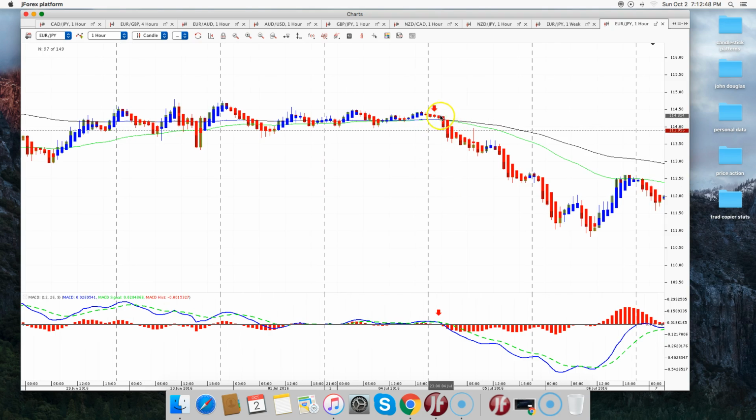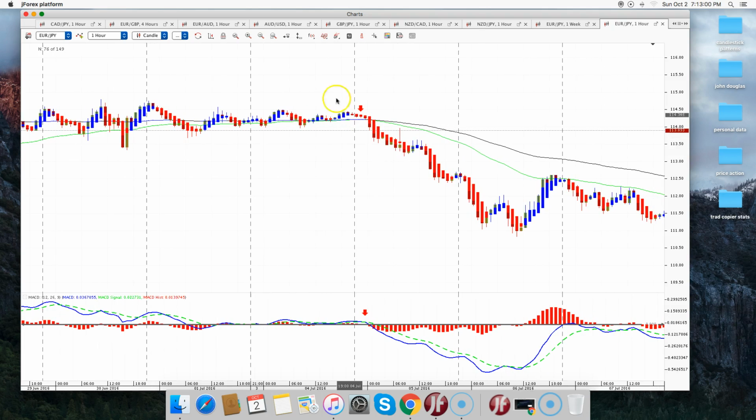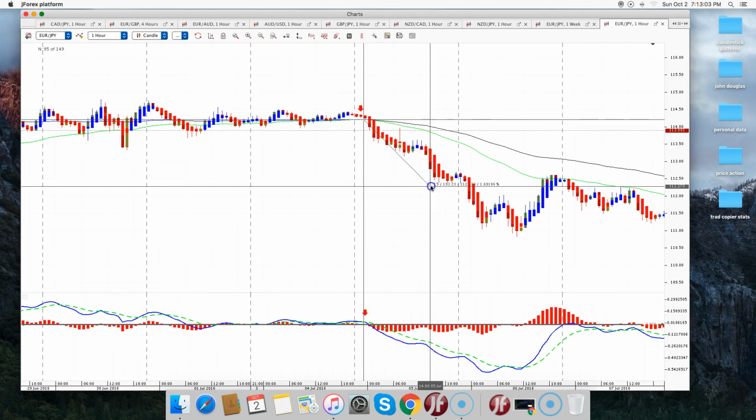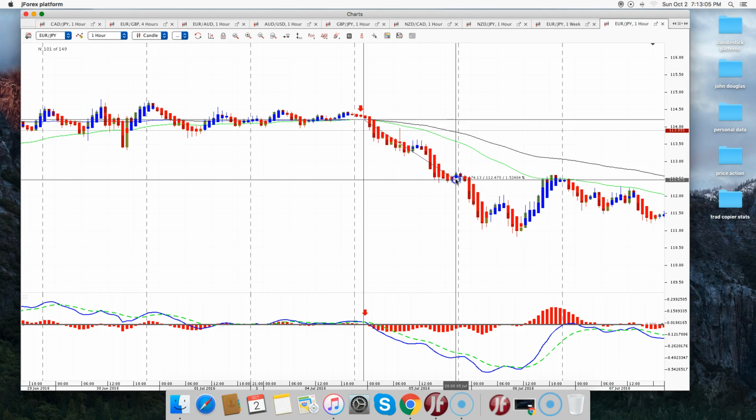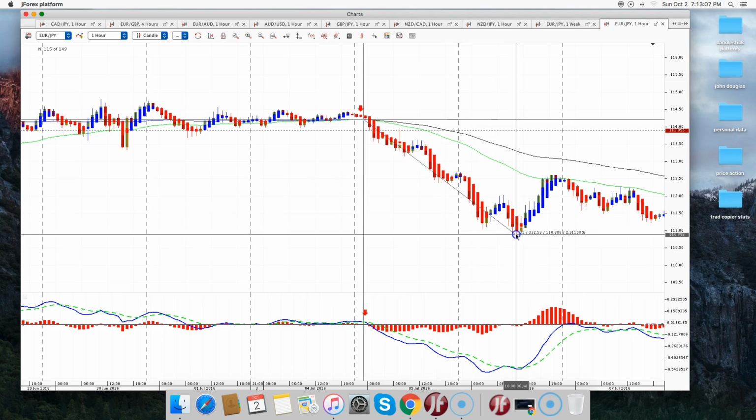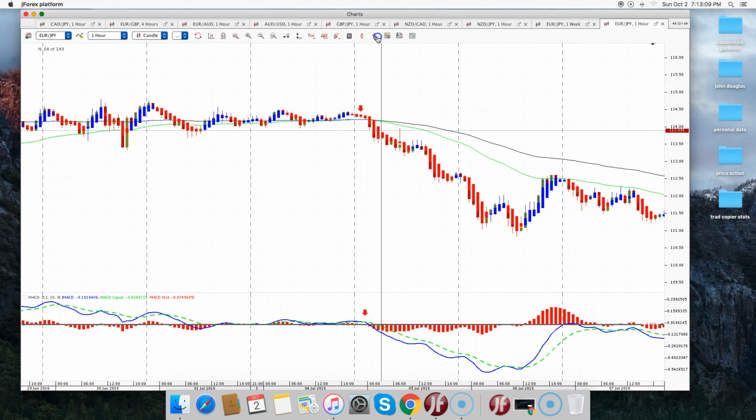So here, the 150 moving average line is crossing to the downside, Heiken Ashi candles are closing below, and the 2 lines of MACD are crossing to the downside and crossing the 0 line. So that would be a trade you would take, and a nice move to the downside for 2 days with over 300 pips on that trade.